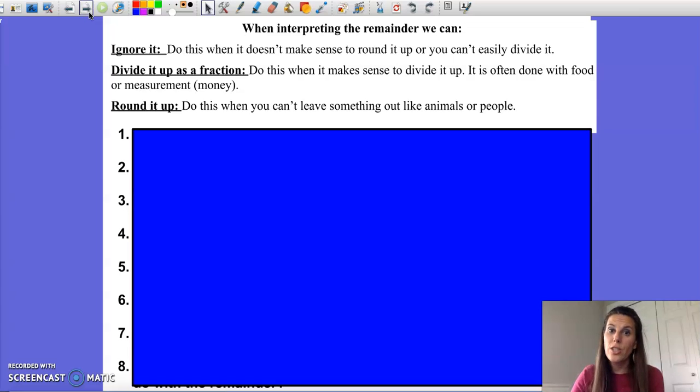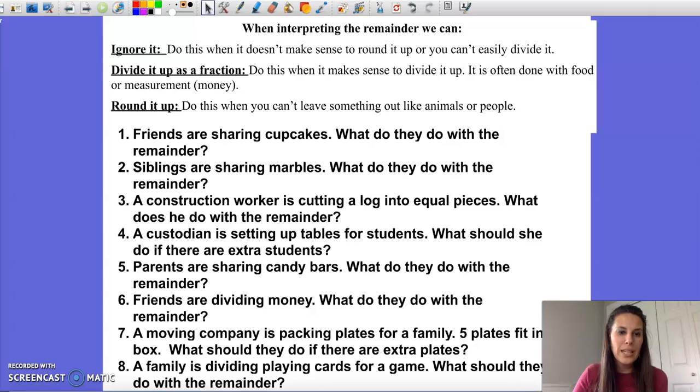Dividing it up as a fraction, you do this when it makes sense to divide it up with food or measurement units. Or rounding it up. Again, when you can't leave something out, you would round it up. So have your paper hopefully numbered 1 to 8, read each of these 8 situations, and on your paper, write the word ignore, divide, or round beside each number. And then pause your video and hit play to check your work.